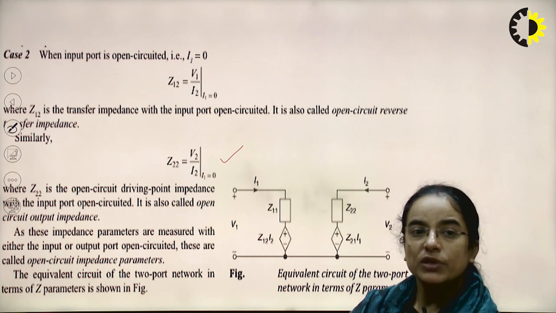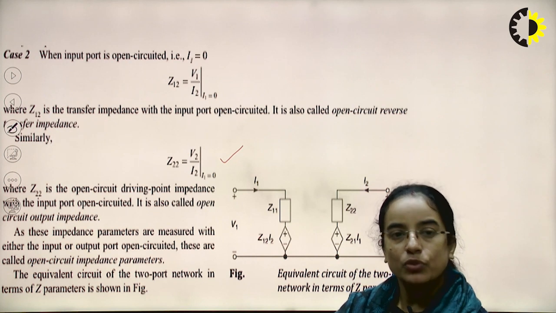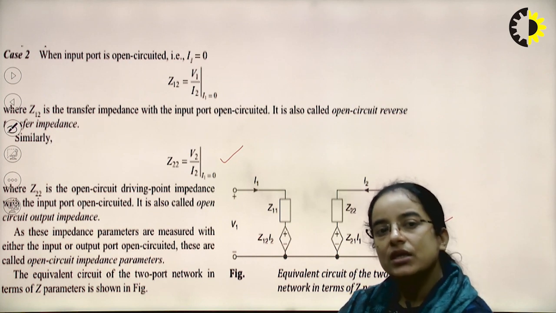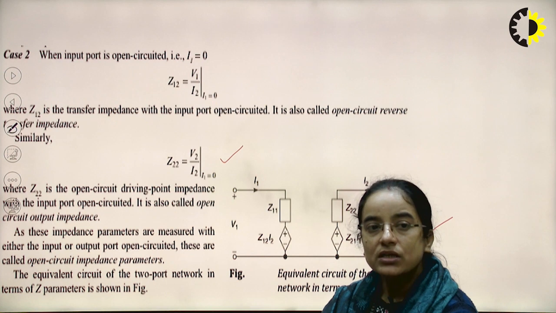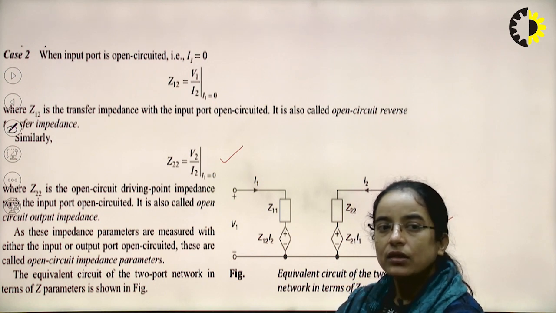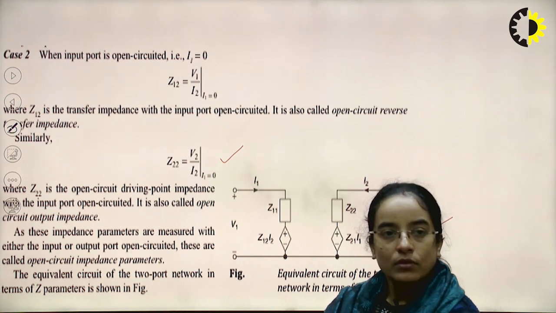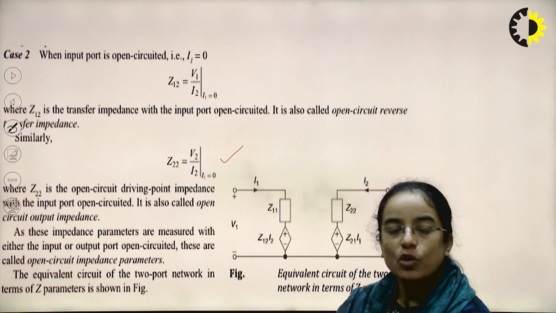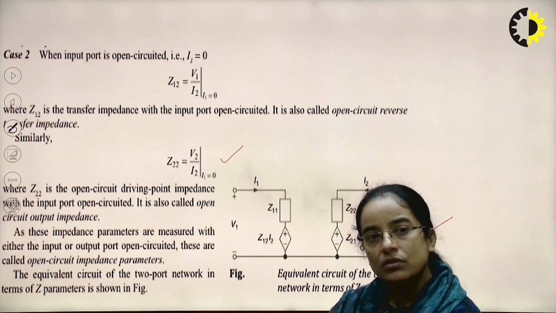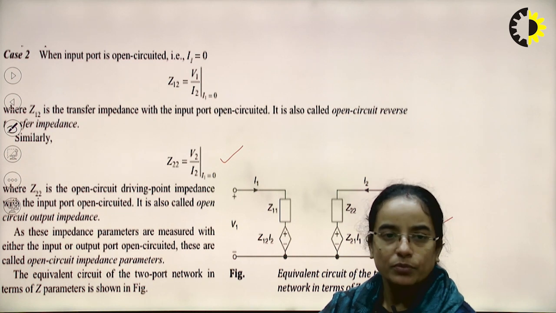As the impedance parameters are measured with either the input or output port open circuited, these are called the open circuit impedance parameters, since we are deriving the impedance parameters by opening the terminals, either the input terminal or the output port.